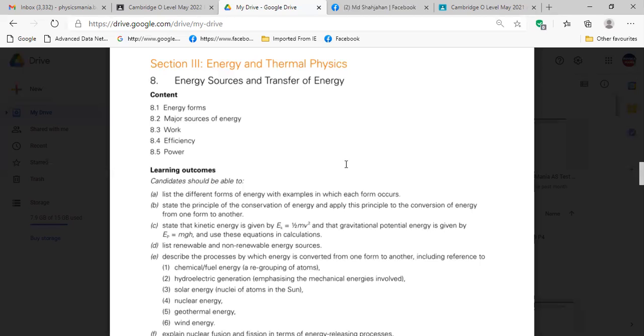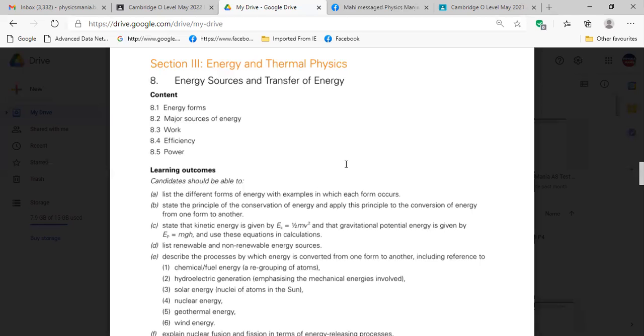Then another point you write: it's not a concentrated source of energy.